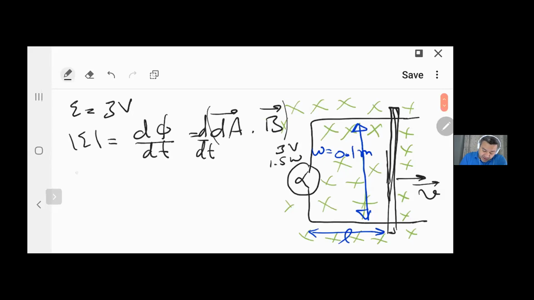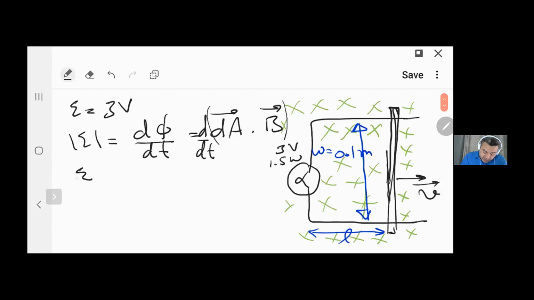Then, as you see, I have the magnetic field perpendicular to the area here. So the dot product is going to be 1. The cosine theta is going to be 1 because I have the normal unit vector of this area parallel with the magnetic field.